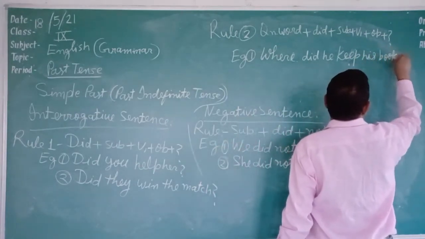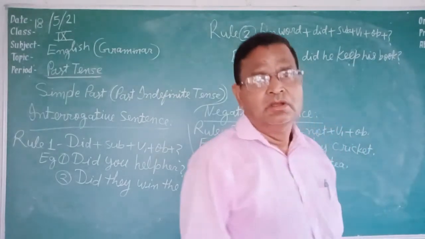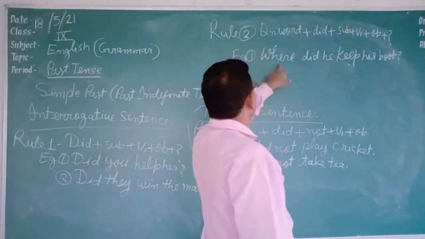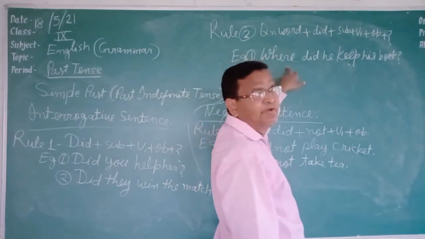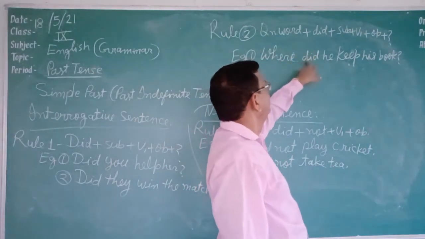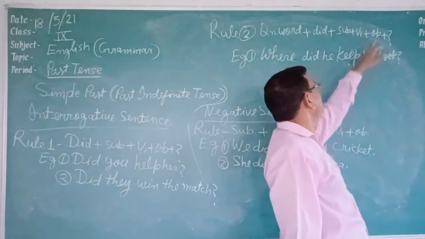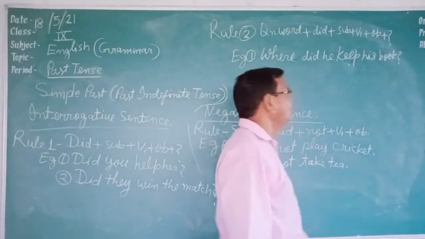The sentence is: where did he keep his book. According to the rule, first of all the question word is where, then did, then subject he, then verb first form keep, then object book. One more example you can take.